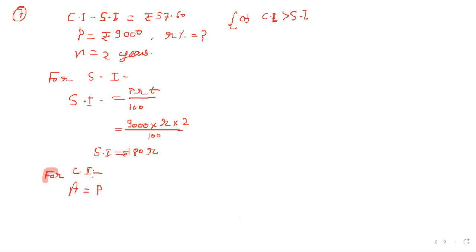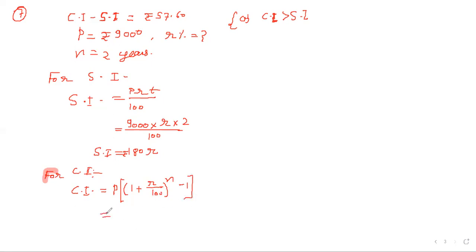So this time we will use the formula for compound interest only, which is CI equals P into 1 plus R by 100 whole to the power n minus 1.